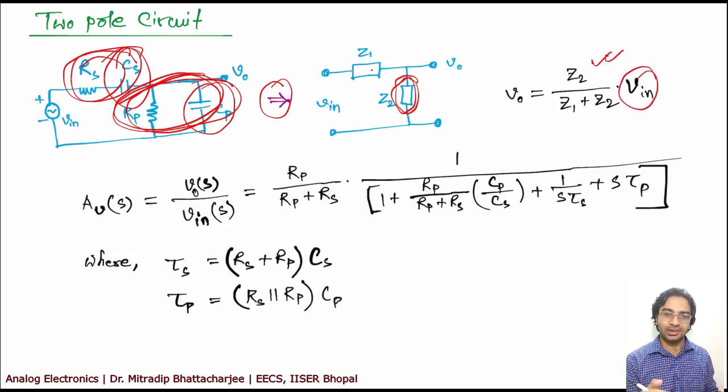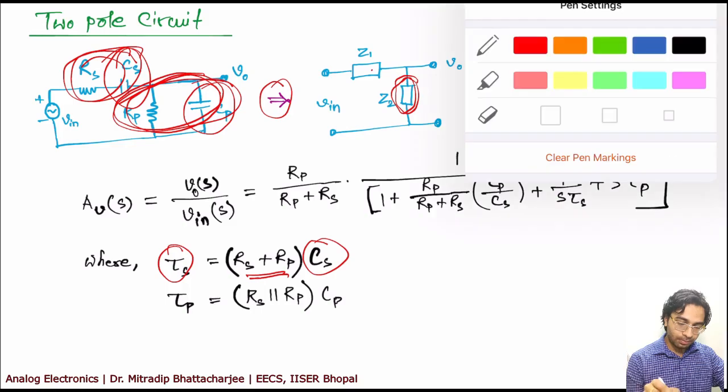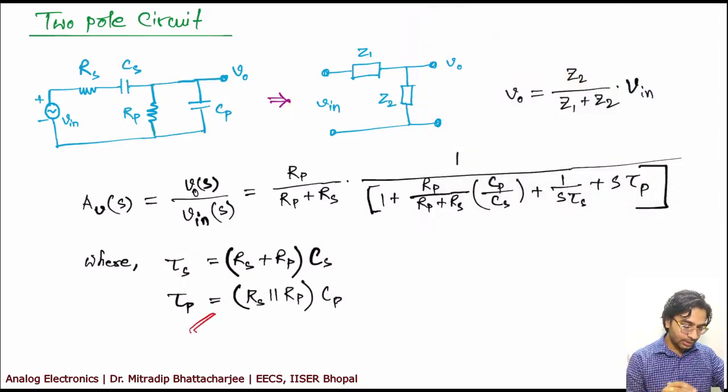This is a very simple circuit, so you can do it at home. Finally V0 by Vin is something like this. You have two time constants: tau s equals Rs plus Rp times Cs, where tau s means series, and tau p equals Rs parallel Rp times Cp.